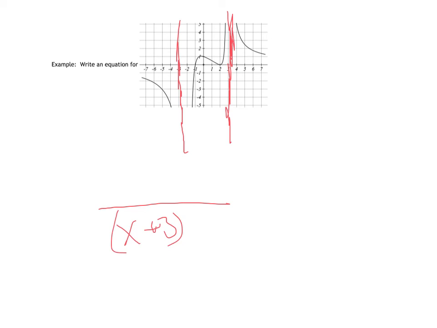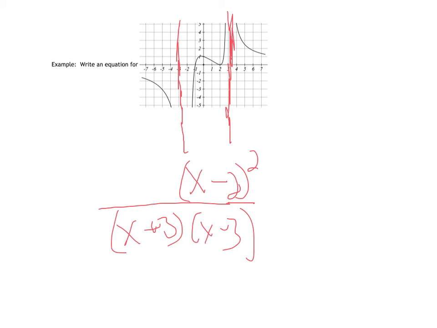So I'm seeing a vertical asymptote at probably, I guess, -3. I'm seeing another one at, I'm guessing, +3. So x plus 3, x minus 3. I'm seeing a double root at +2.